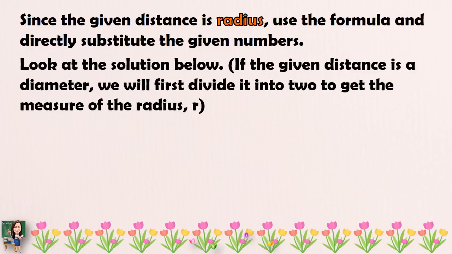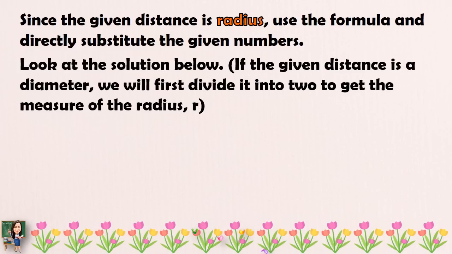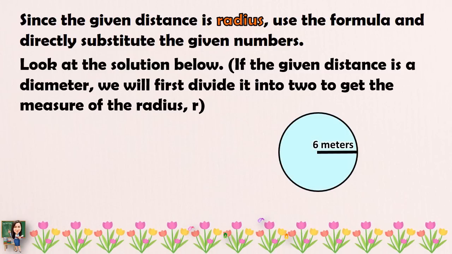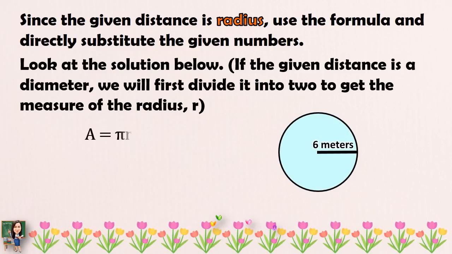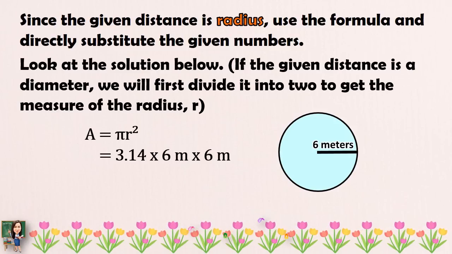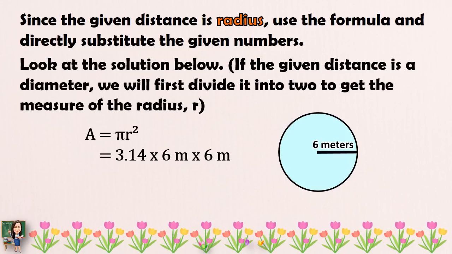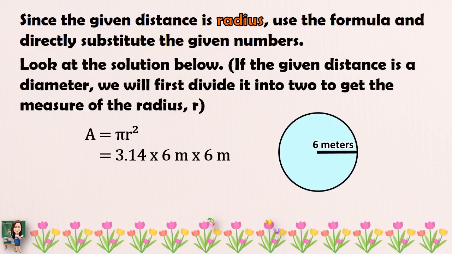If the given distance is a diameter, we will first divide it by 2 to get the measure of the radius, r. So the radius is 6 meters. The formula is area equals pi r squared, where pi is 3.14, times the radius, 6 meters, times another radius, 6 meters. 6 times 6 equals 36.